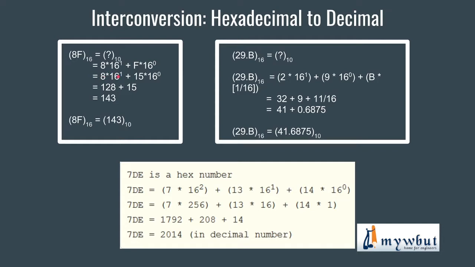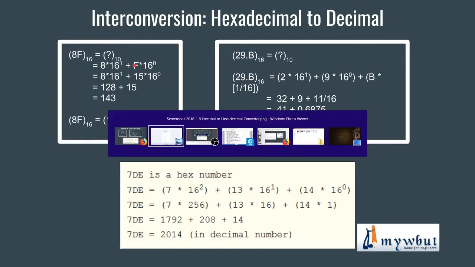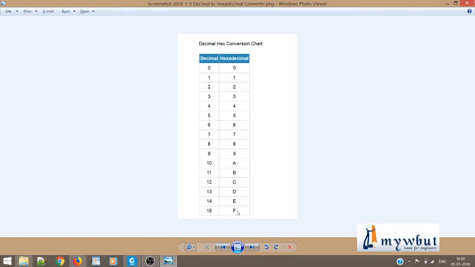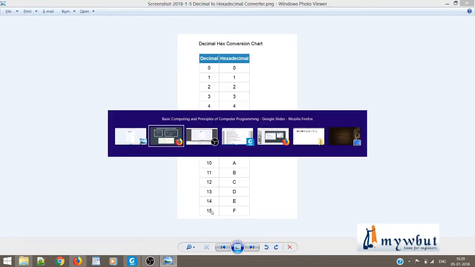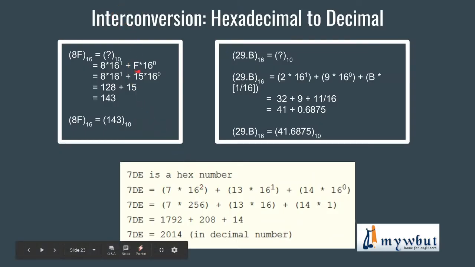So 8 into 16 to the power 1 is 128. F means hexadecimal F, which is decimal 15, so we have replaced F with 15 over here. Therefore, we get 15 into 16 to the power 0, which is 15 into 1, that is 15. So 128 plus 15 gives 143. Hence, the decimal equivalent of 8F is 143.